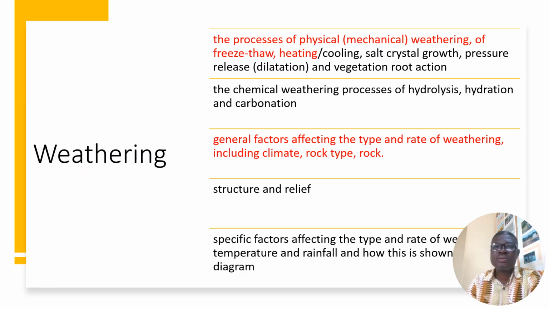Now talking about weathering, you need to talk about the role of the climate, the different types of weathering, as you know, the physical and the chemical weathering. Last year they asked questions on physical weathering.